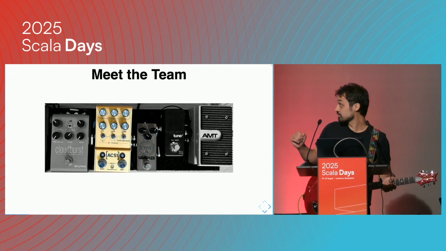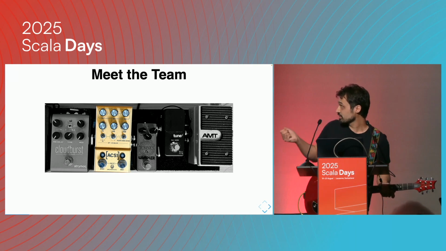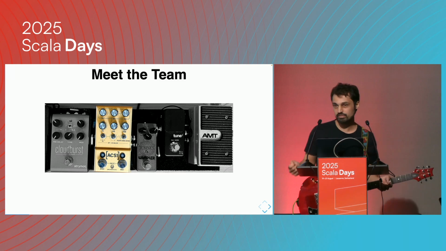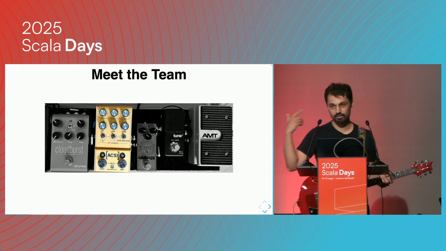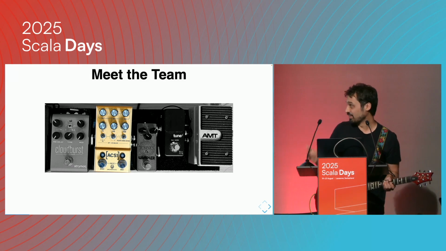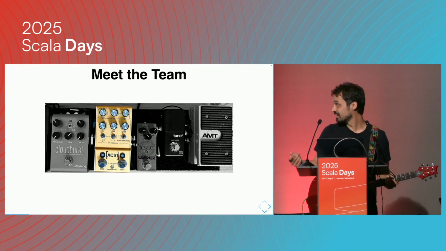Next one is the ACS-1 from Walrus Audio. This is an amp and speaker simulation pedal. The reason for this is you all know what an electric guitar sounds like. You have this idea in your head of what an electric guitar sounds like, and it sounds good. And that's an electric guitar going through an electric guitar amplifier.